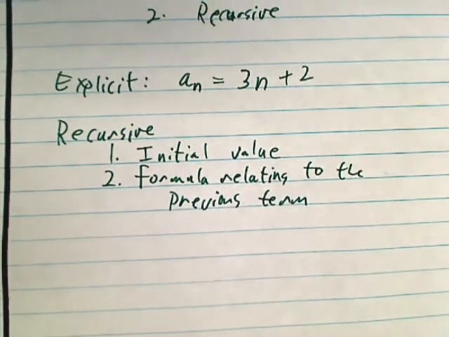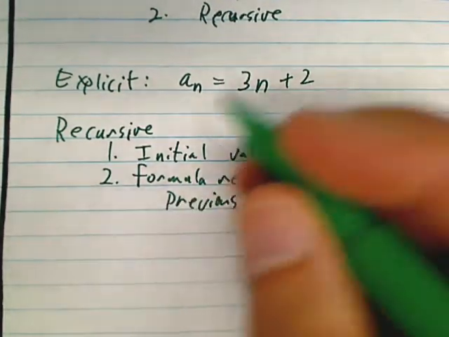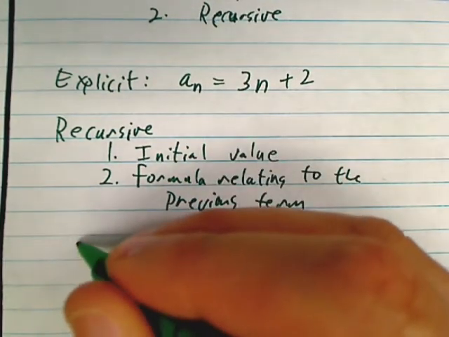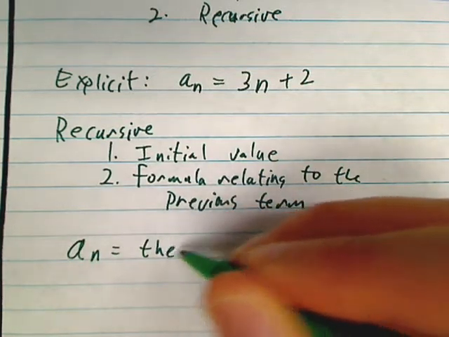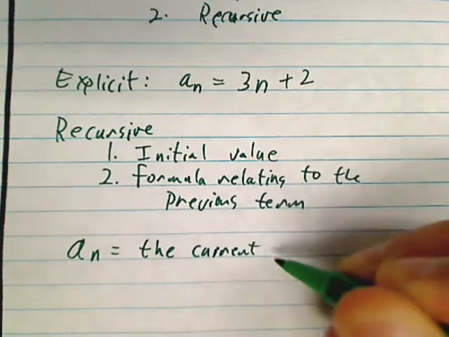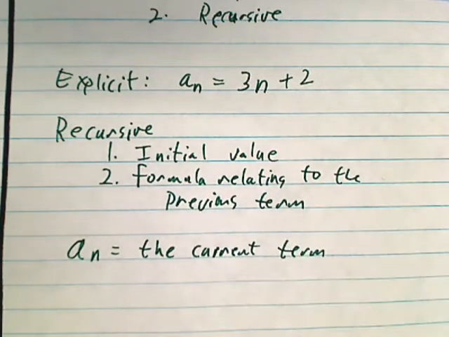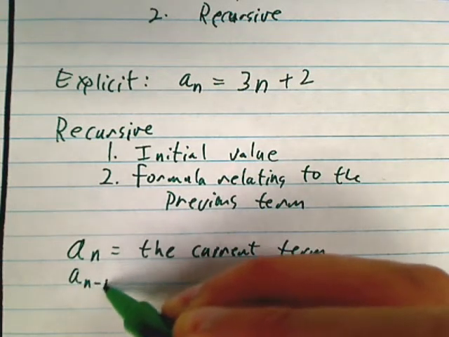Okay, so let me start first by saying a sub n, which we used up here, means the current term. We're going to see things like this: a sub n minus 1.